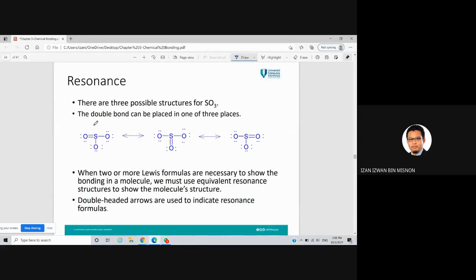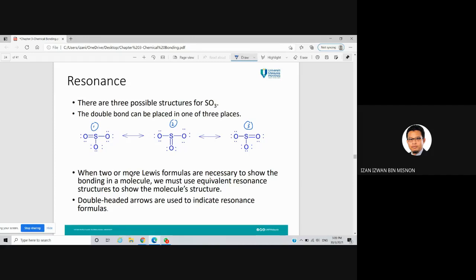This is the first one, and the second one differs only by the location of the double bond, and finally the third structure. So the double bond can be placed in one of these 3 places.